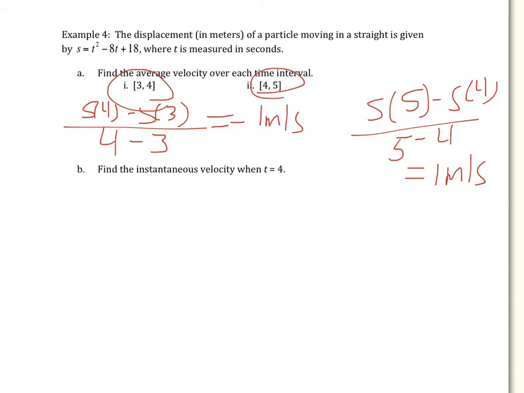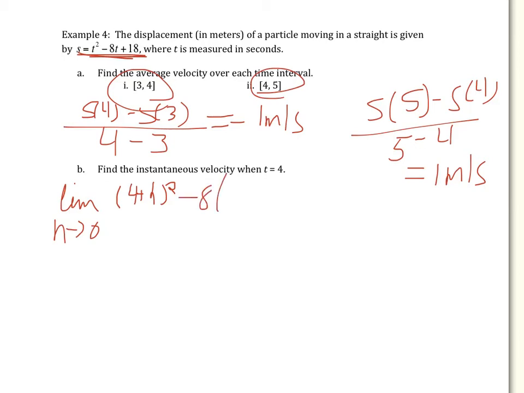So now let's go ahead and apply our method of using the difference quotient to get this. So if we use the difference quotient, we're going to take the limit as h goes to 0. And in this case, we know what x is again. It's f of x plus h minus f of x. But I know the x is 4. So if I plug that in as 4 plus h to the original equation, so go up here to this original equation, I replace the first t with 4 plus h.